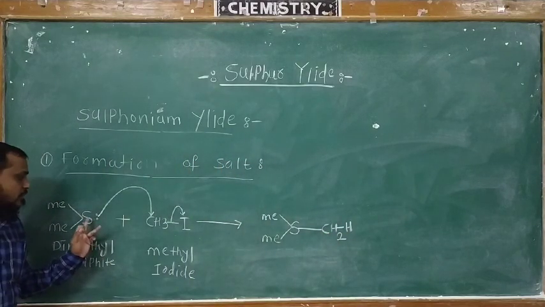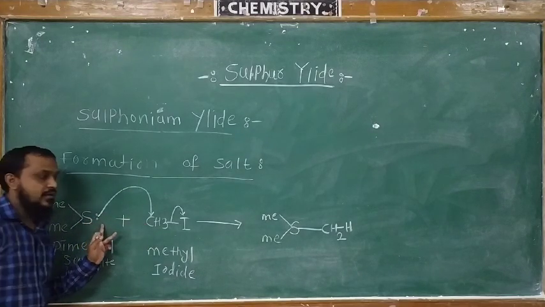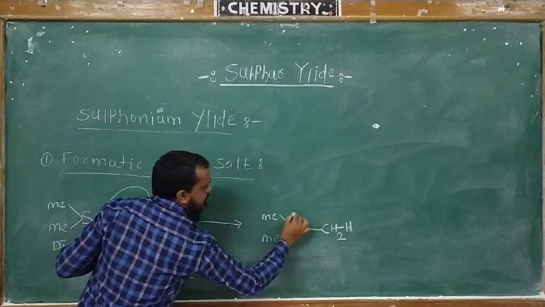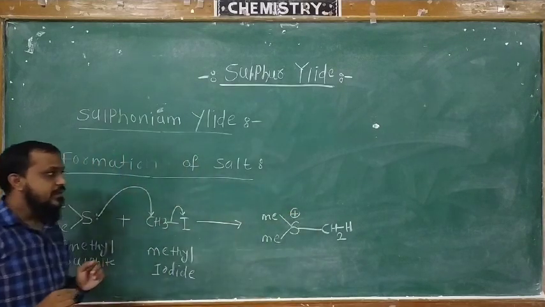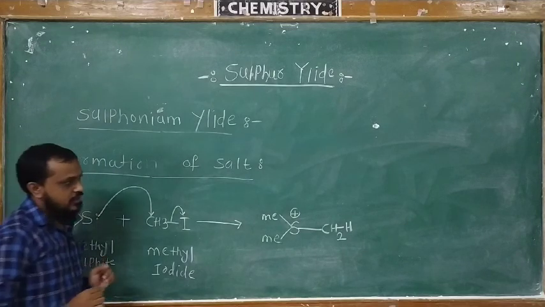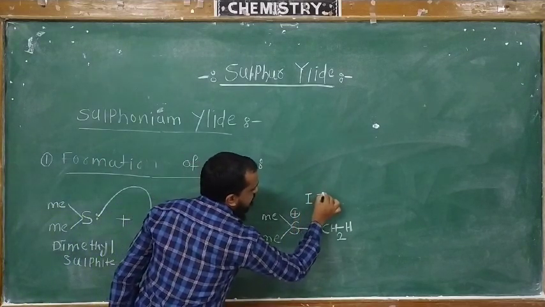Due to the formation of a bond between sulfur and carbon, sulfur loses its lone pair, so it becomes an electron deficient species and bears a positive charge, and iodine is also present here.